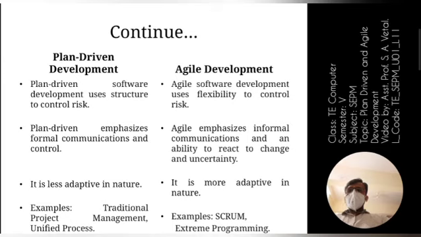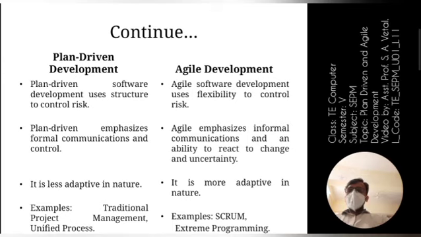Then plan driven development emphasizes formal communication and control. On the other hand, agile emphasizes informal communication and an ability to react to change and uncertainty. Means in plan driven we are having formal communications. In agile development we are going to use informal communication.